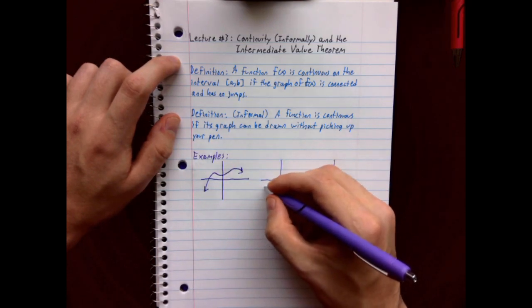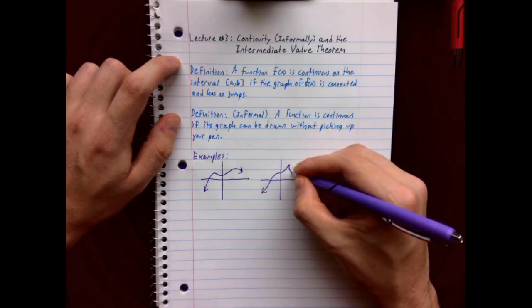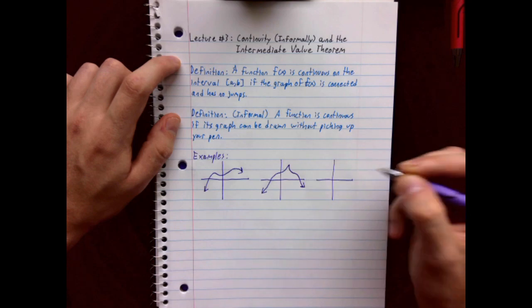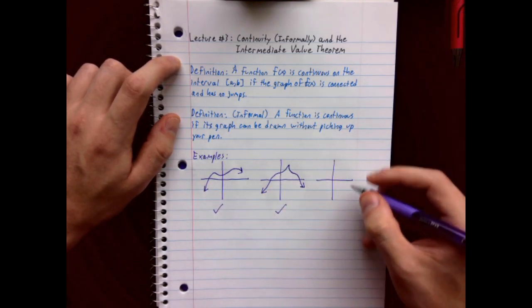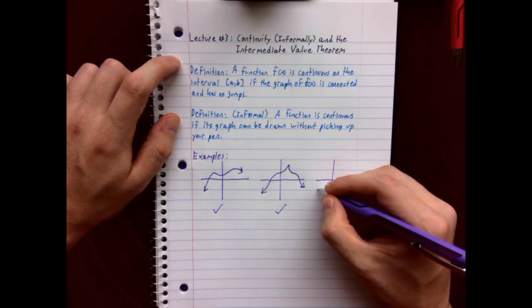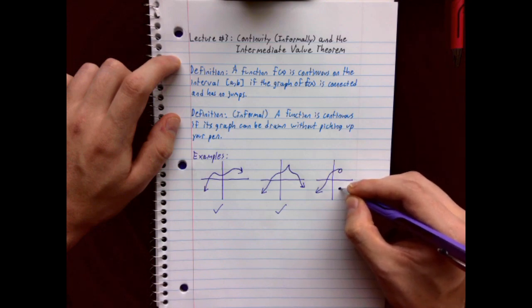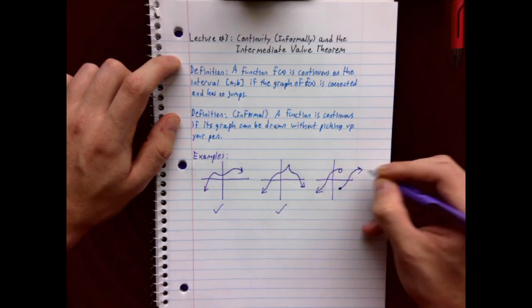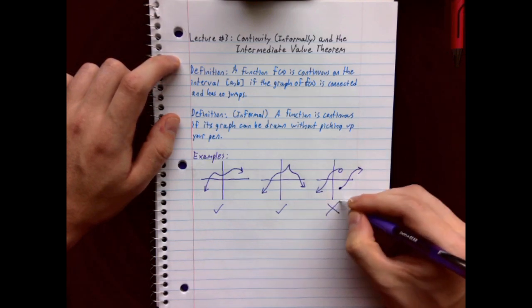Or maybe I start down here and then I have a little sharp cusp, but that's not a problem. That's still continuous. So these would both be continuous. Something which is not continuous would be something like this, where it just jumps down to another value at a particular point. So this would not be continuous.